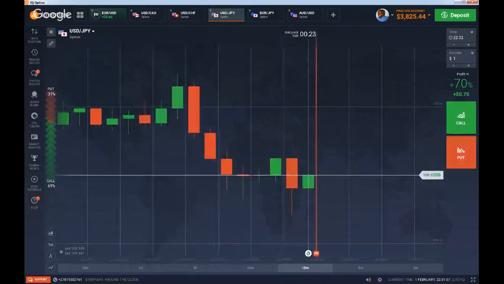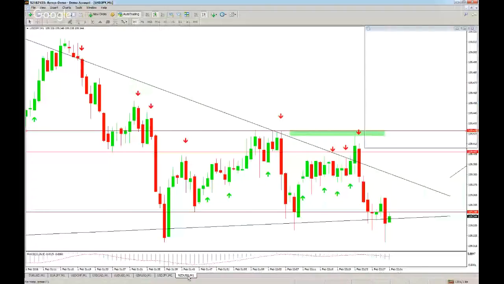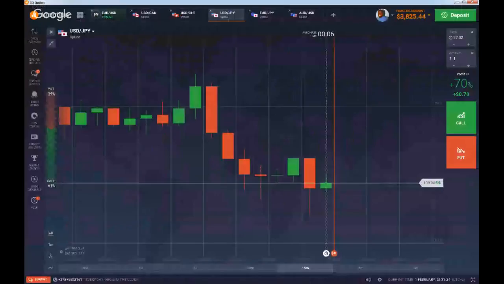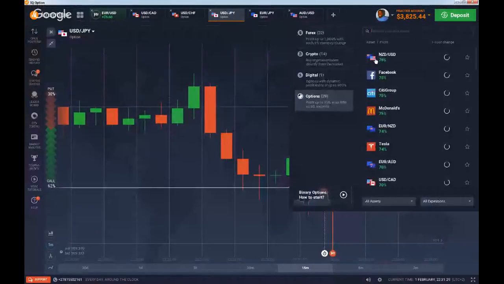Let's continue with our analysis and look at New Zealand. What's happening in New Zealand? All right, we are selling off in New Zealand, and let's take that trade setup. New Zealand to the downside. Come on, New Zealand USD.